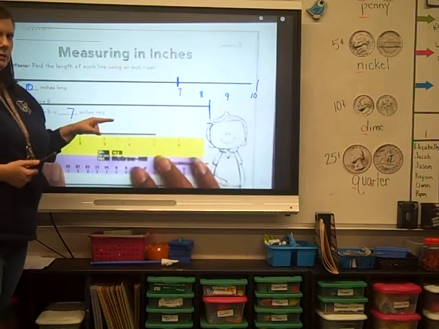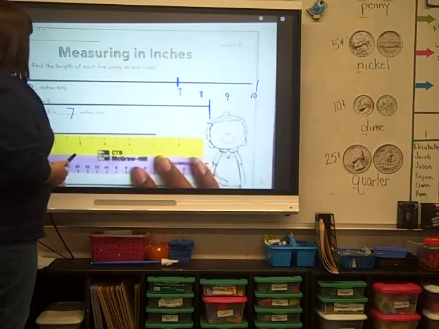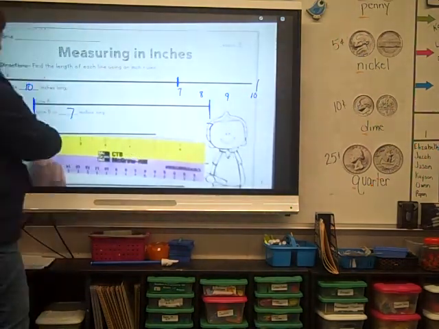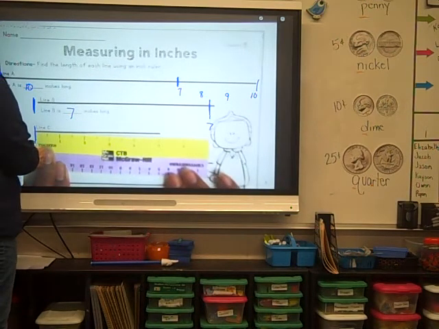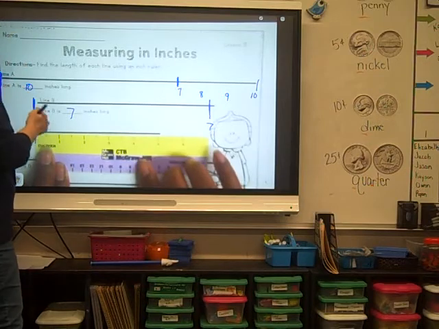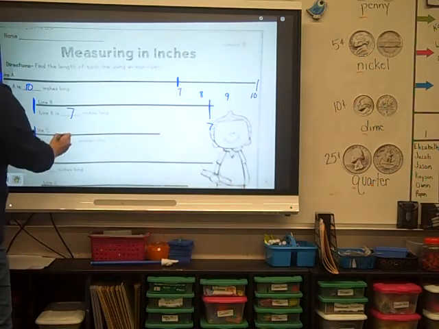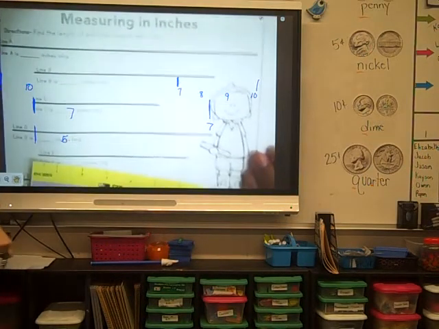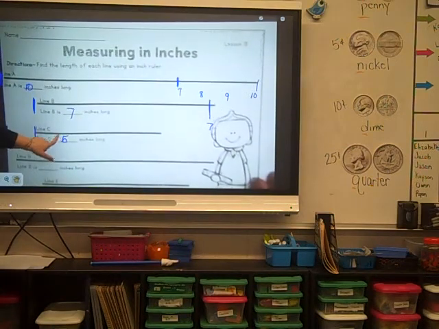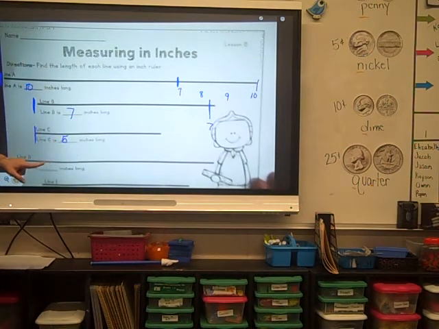What did you guys get? Looks like I got 1, 2, 3, 4, 5 inches. I hope you wrote a 5 in the little blank underneath. Okay, 5 goes right there. So did you put your 5? Line C is 5 inches long.